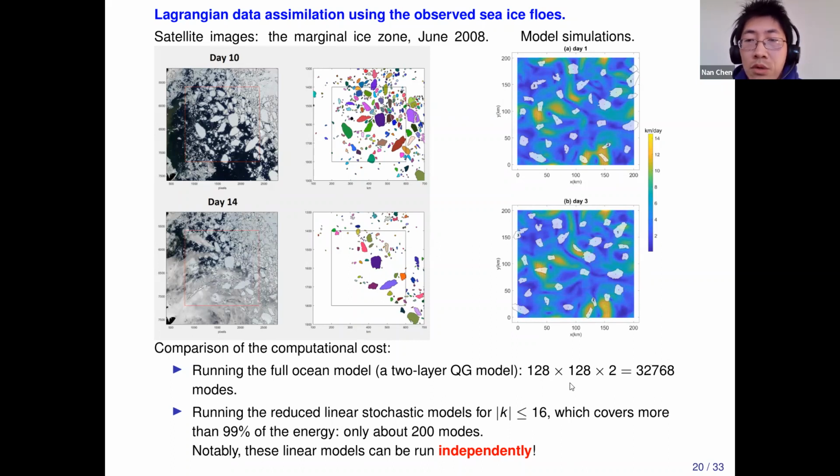Then we do not use this QG as our forecast model to do data assimilation because that's way too expensive. What we do is build reduced linear stochastic models, and we keep only about 200 modes, which account for 99% of the energy. These are simple linear equations, and you can run them independently, so you just need a couple of minutes to finish the simulations.